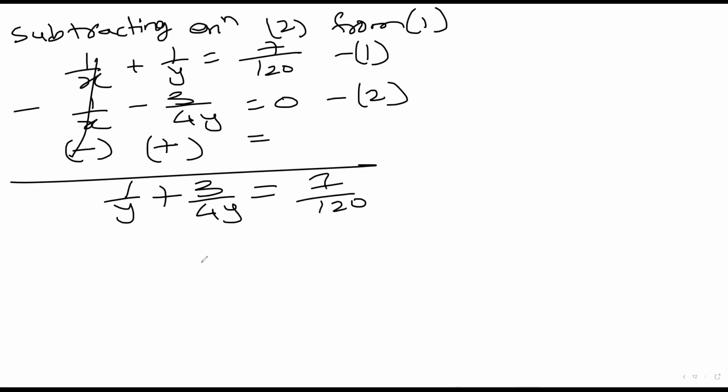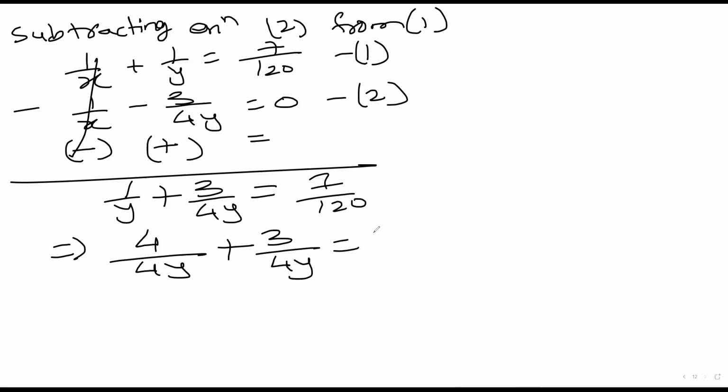Is the denominator same? No. So I will say 4 upon 4y plus 3 upon 4y is equal to 7 upon 120. I am just making this denominator same, I am not taking LCMs on both sides.